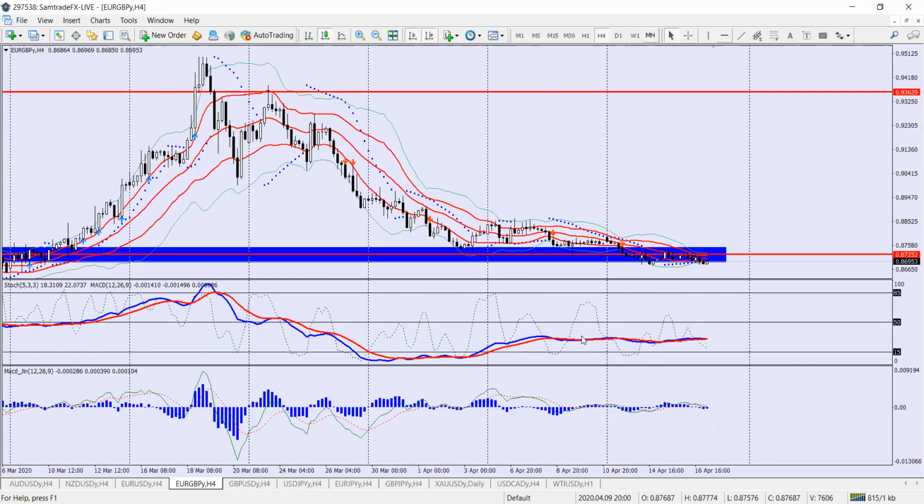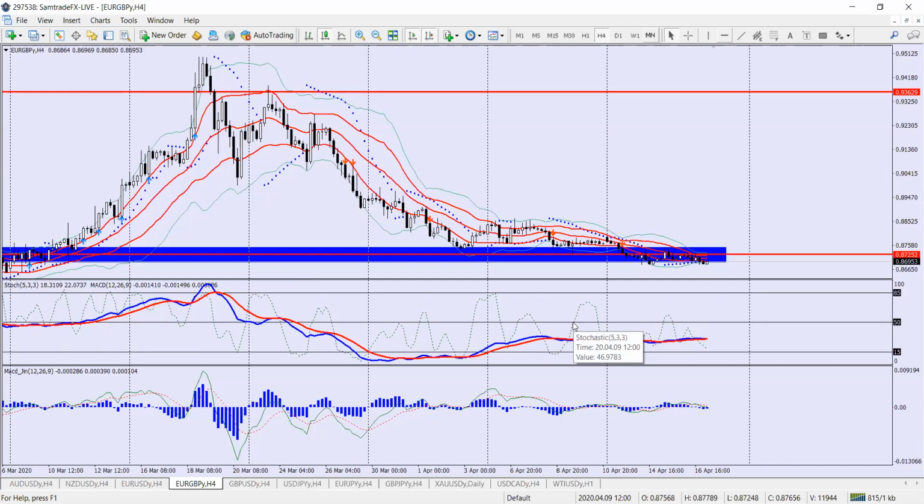Euro pound is still in my blue area, it's still in my blue zone. It hasn't done anything. If you're trying to enter or force a trade out of euro pound, that's probably one of the worst things you can do. It's still sitting in the zone because as we look at the euro, we also look at the pound, and they've been contradicting each other. That's why euro pound has been sitting in that range at 0.8725.